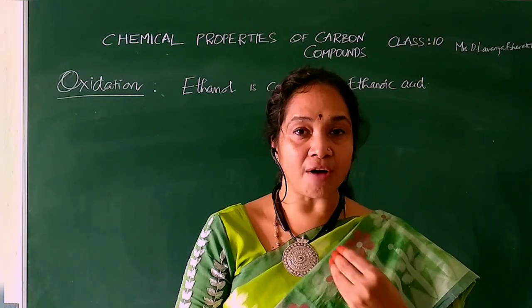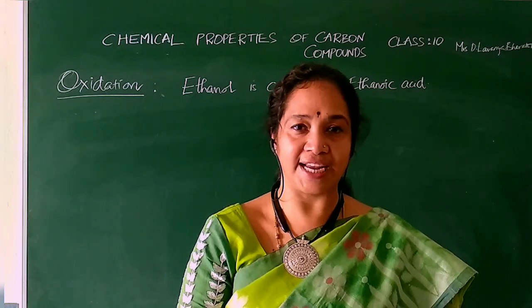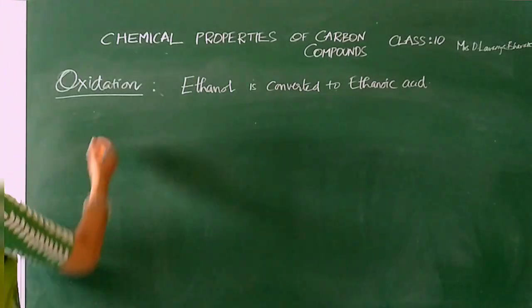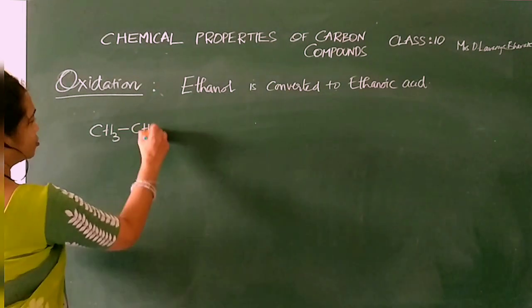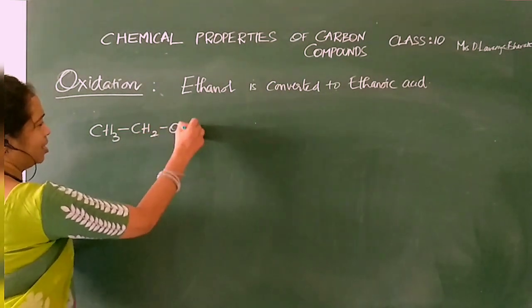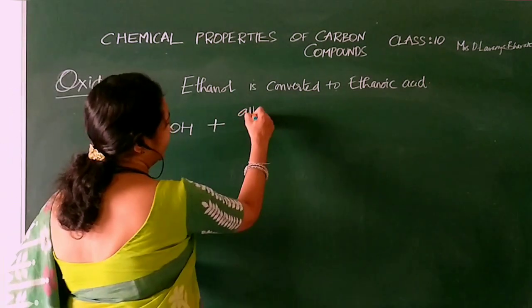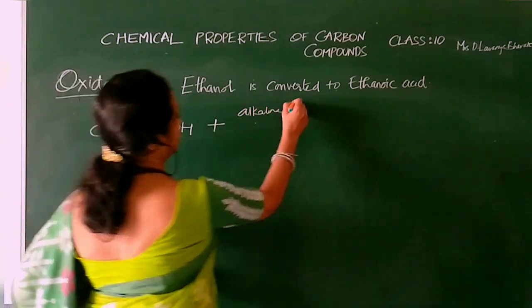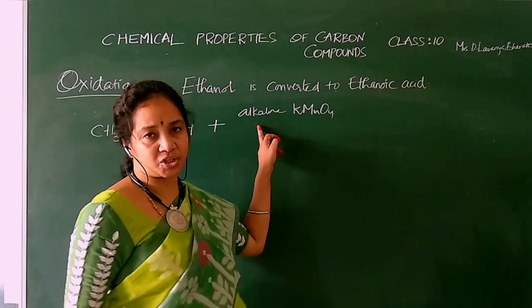So addition of oxygen or removal of hydrogens is considered as oxidation. Here we go again. So ethanol is CH3CH2OH. This is ethanol. Ethanol is now treated with alkaline KMnO4. Alkaline in the sense potassium hydroxide.